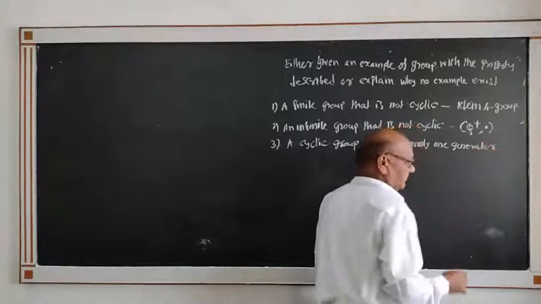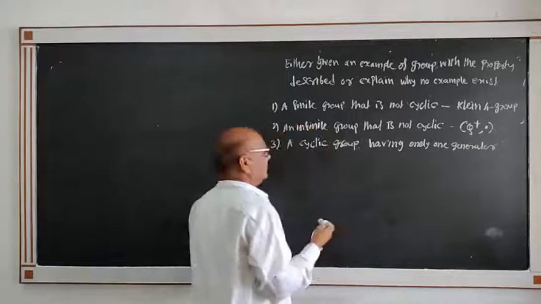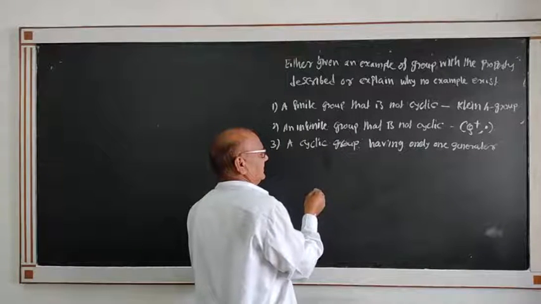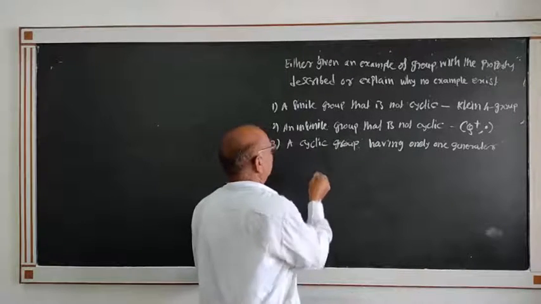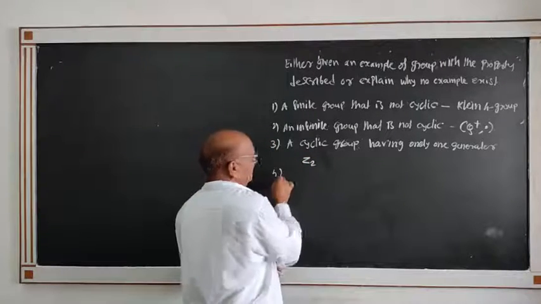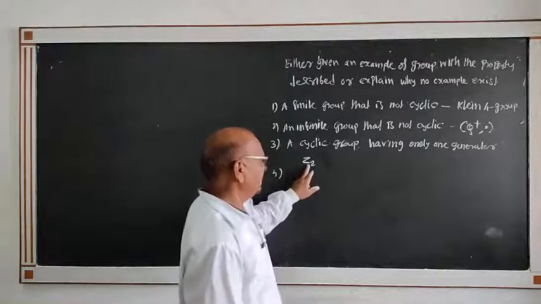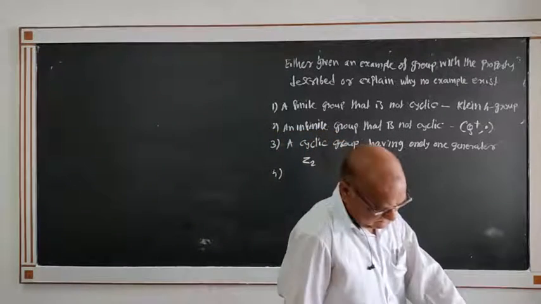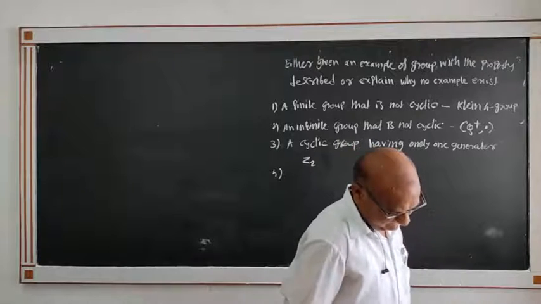That means a group containing two elements, here Z2. One is the identity, and the other is the inverse of itself. The other element's inverse is itself.